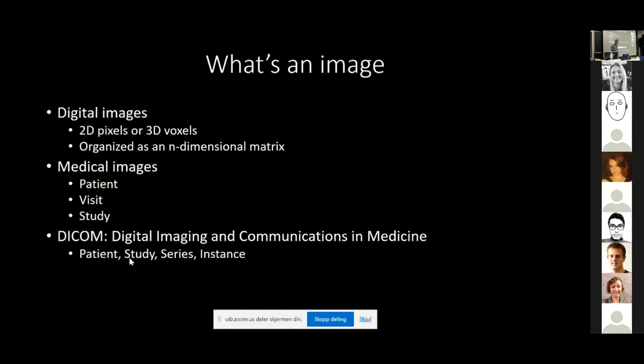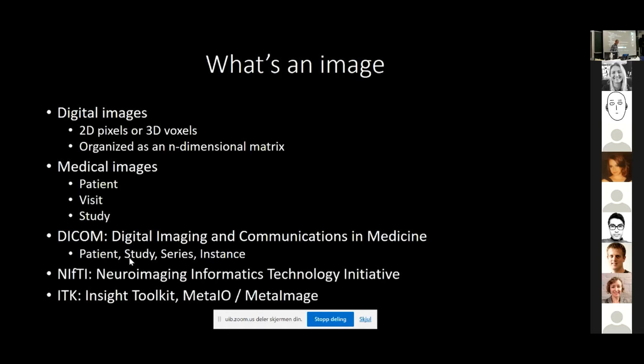First the patient, including patient ID, birth date, etc. Then the study part, which is like the date you do the exam. Then each study can contain several imaging series. And each series, again, might consist of several instances, or images. So that's DICOM in short.